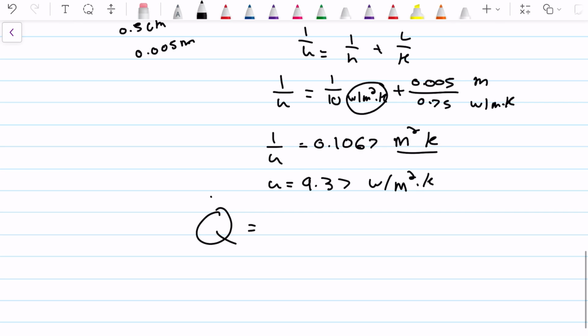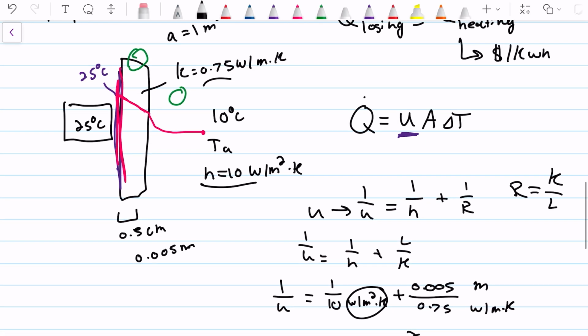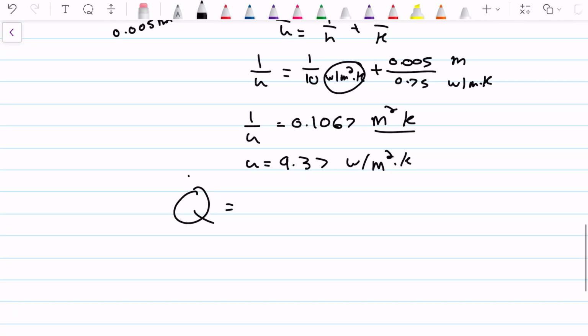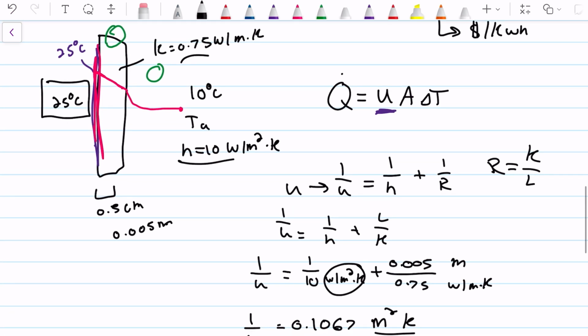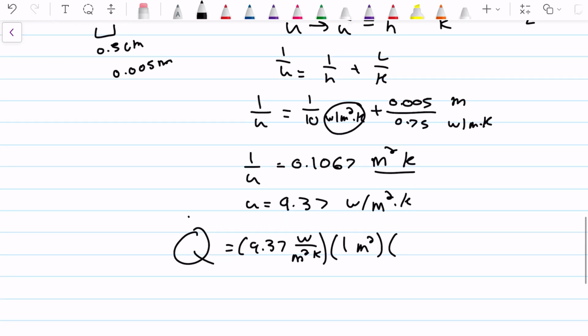Let's calculate the total heat loss. So we'll do 9.37 watts per meter squared Kelvin, 1 meter squared for the area, and then our temperature drop is, convert these to Kelvin.